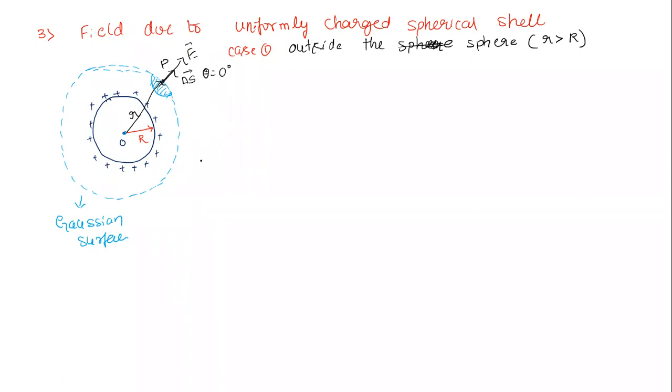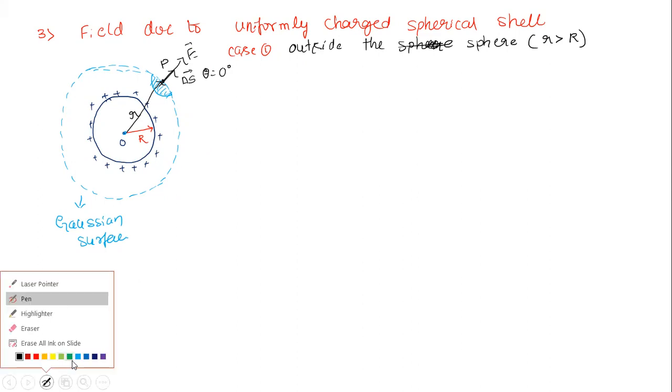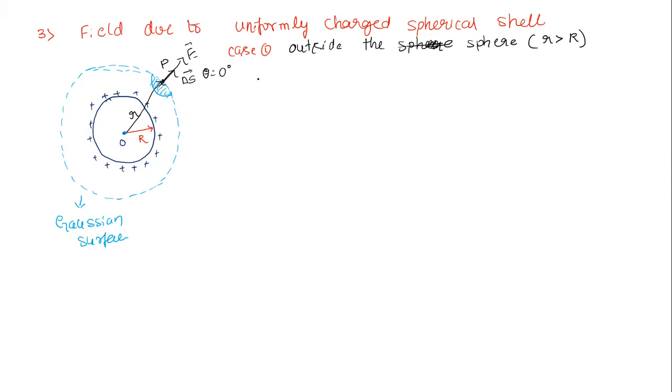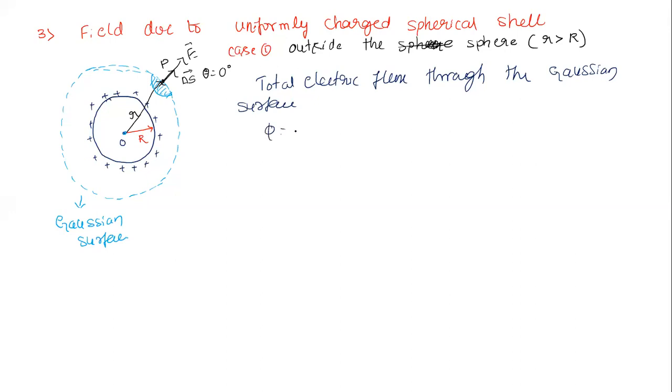Since it is like that, I'm going to first find the electric flux through this. What is the formula for electric flux? I'm going to find the total electric flux through the Gaussian surface. We know that flux is given by electric field multiplied by area.